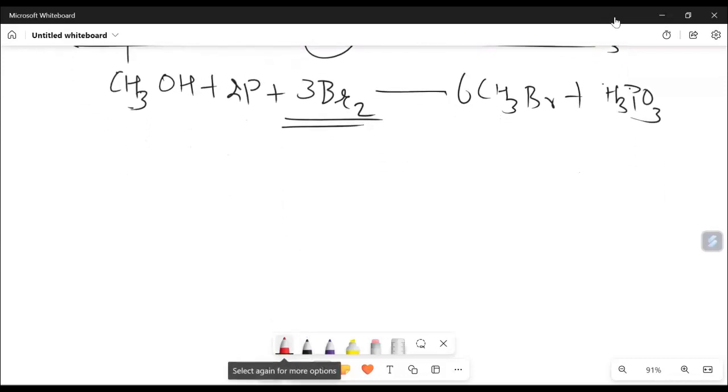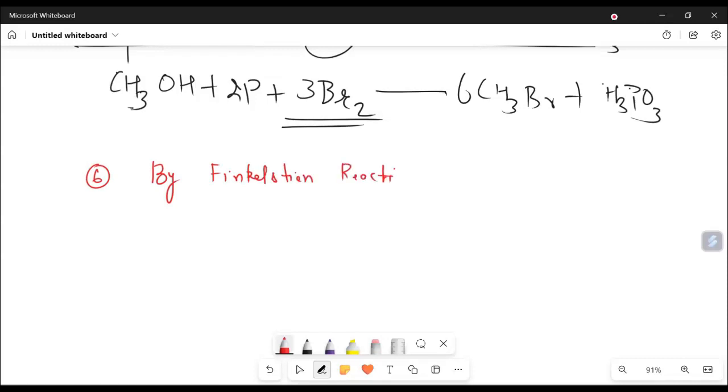The next reaction is the Finkelstein reaction. What is that? You have CH3CH2Br plus NaI. This is for the formation of iodoalkane.